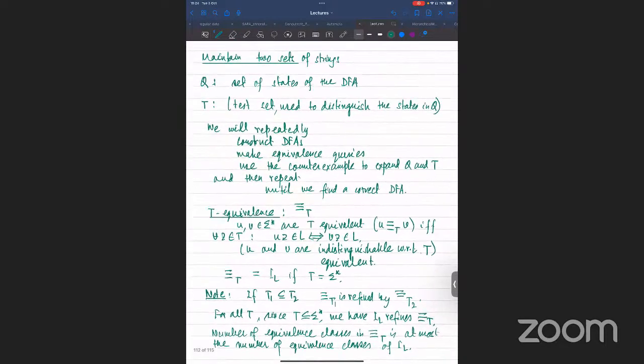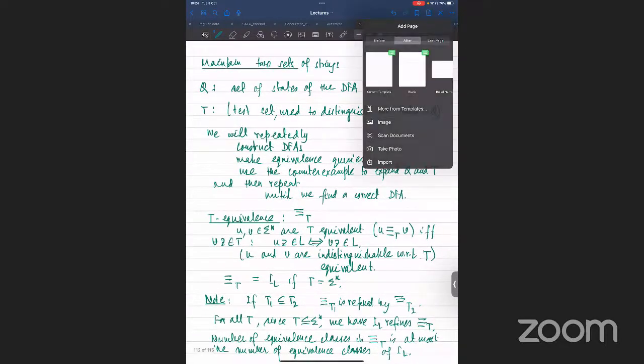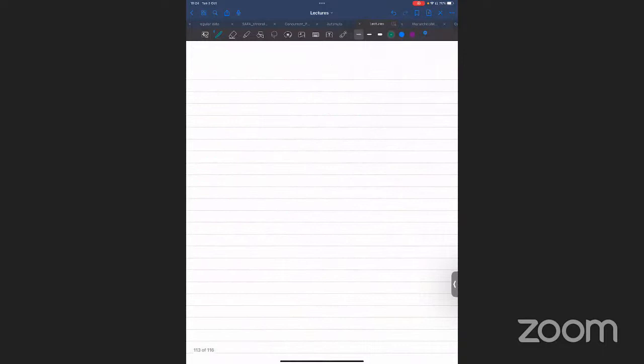So now we are going to define two more concepts, or just have two very simple definitions.